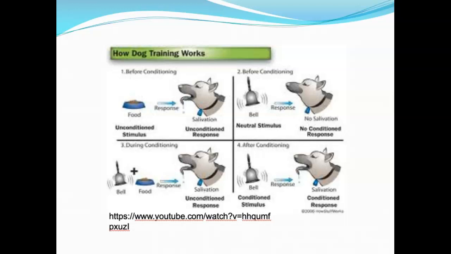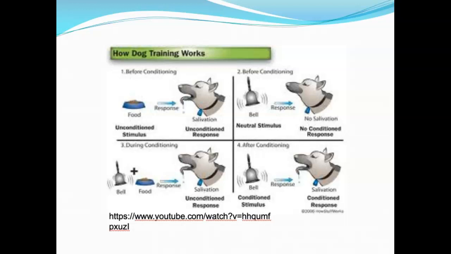He would do that again and again to see if eventually the dog would drool by being presented with the bell. And then he would try a whole bunch of different stimuli. He would try to pair lights with the food, try to pair metronomes with the food, which is a device that tells time when you're playing a piano.